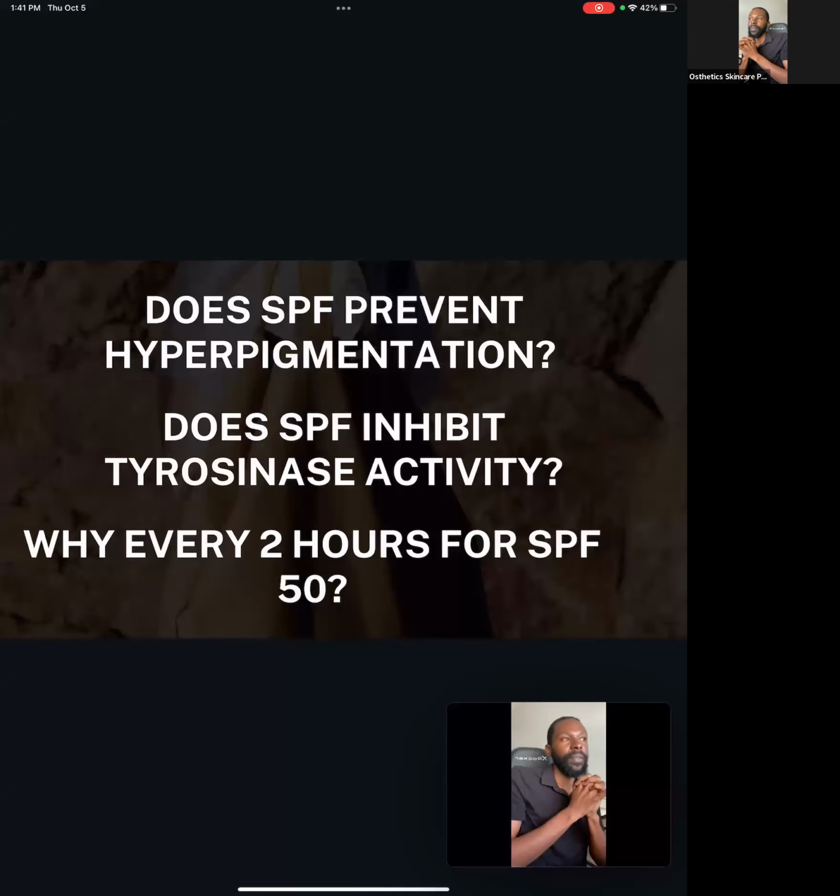So I kind of want clarification on that. Pheomelanin equals sun damage, but eumelanin equals hyperpigmentation, but not always sun damage. Is that kind of the correct way to look at it? That is correct.